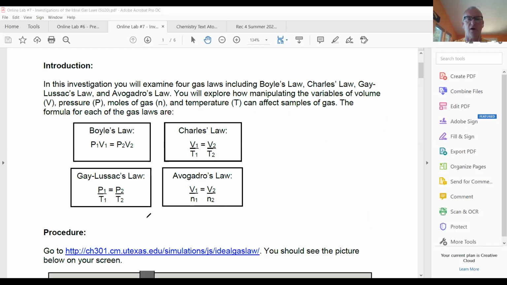Next one is Boyle's law. And Boyle's law showed that there's a relationship between the pressure and the volume. That if I increase the pressure of a gas, and I allow that gas to expand, it's going to increase the pressure of the gas as well.